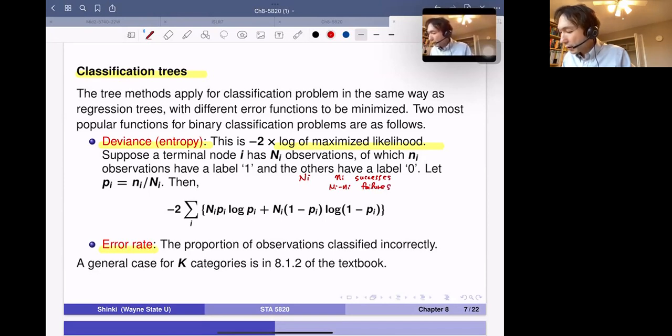Then the likelihood function is the success probability for that class pi to the power ni times 1 minus pi to the power Ni minus ni. Right? But the lowercase ni is actually capital Ni times pi, I believe.